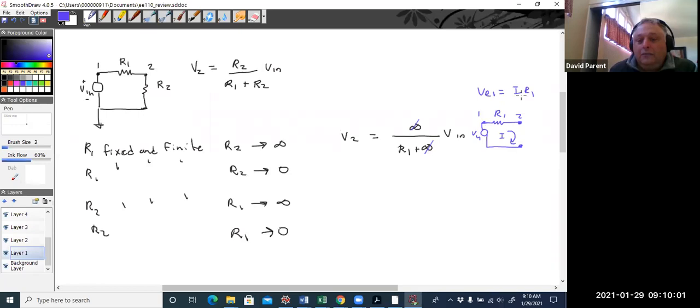Because I is 0. And so if there's no voltage drop, then these two nodal voltages are the same. And so again, V2 becomes V1, which was Vn, right?